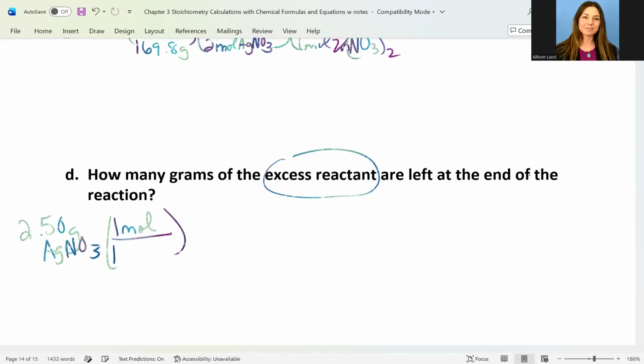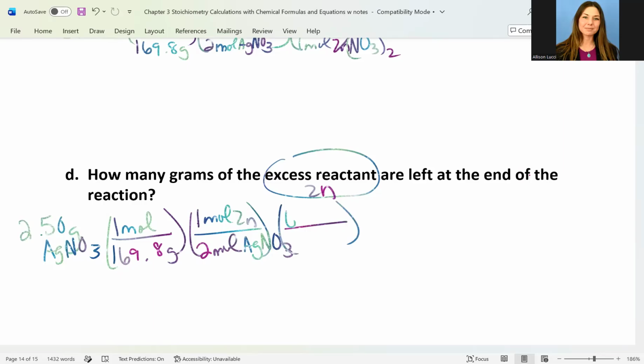That's converted to moles here by dividing by the molar mass. And then we know that our excess reactant was the zinc in our original calculation. So for every 1 mole of zinc, we use 2 moles of silver nitrate.